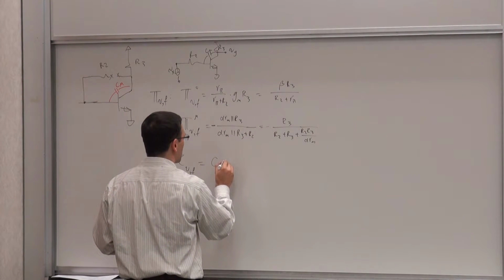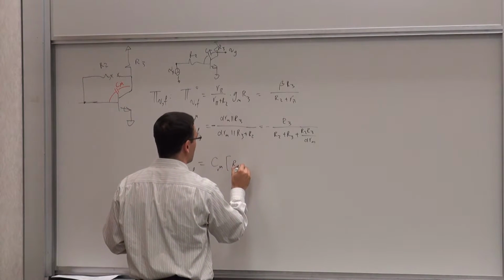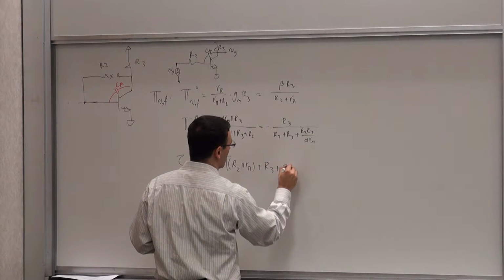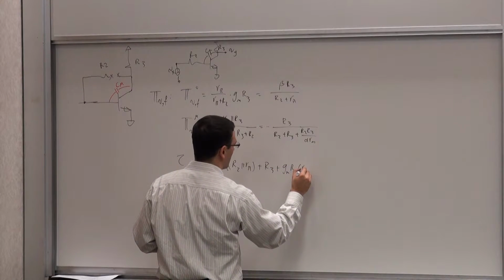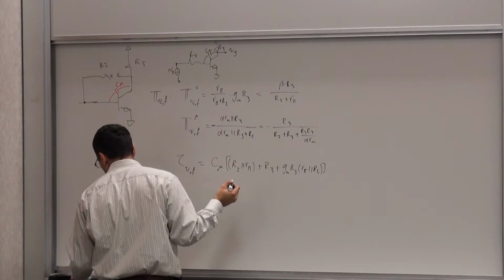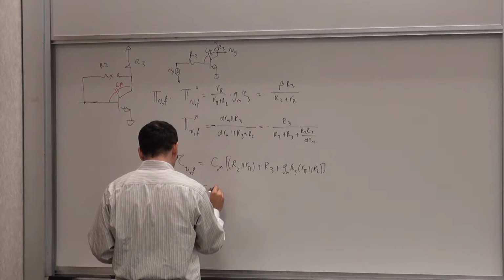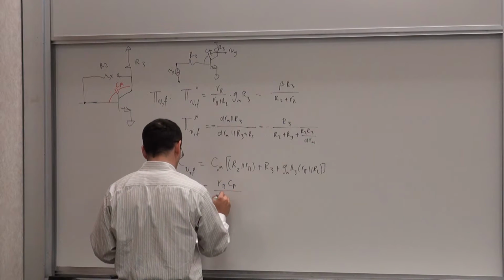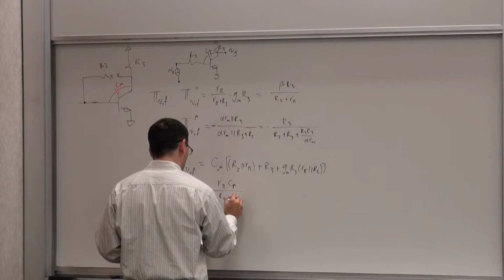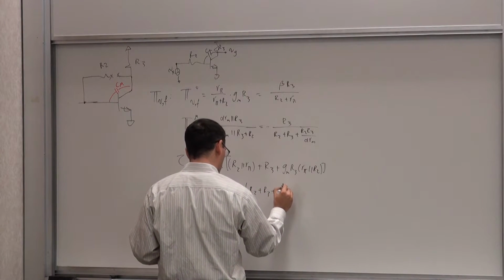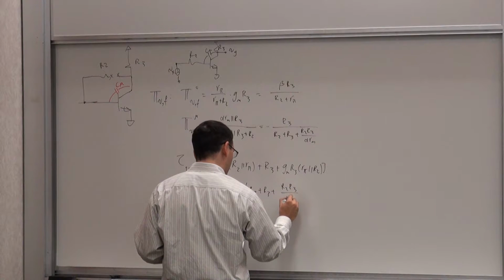So it's C mu times R left, which is R2 parallel R pi, plus R right, which is R3, plus GM R3 R pi parallel R2, which again you can rewrite as R pi C mu over R2 plus R pi times R2 plus R3 plus R2 R3 over alpha Rm.